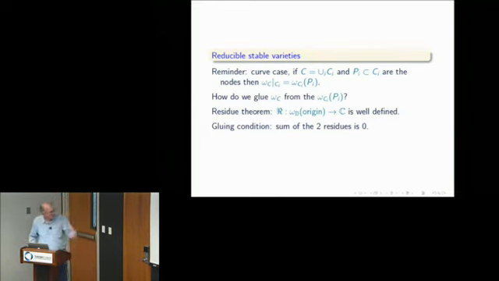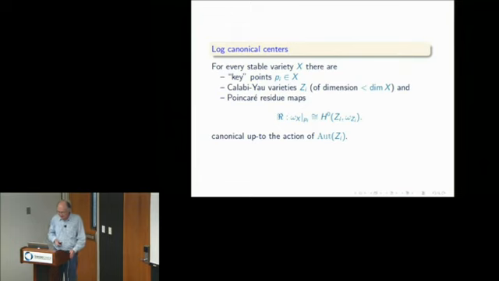Okay, so anyhow, clearly the residues were a very important topic. And now there is something similar that happens in higher dimension, but it's more complicated. That's for stable varieties.